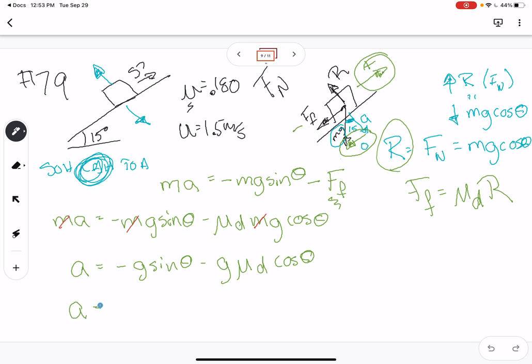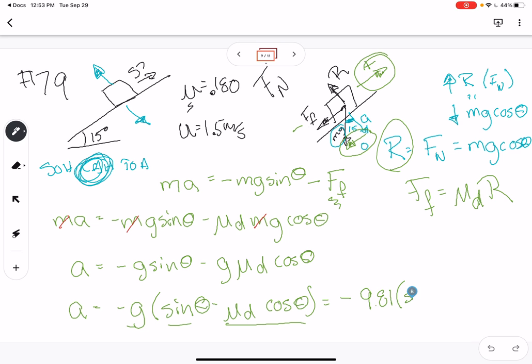Acceleration is equal to negative g times sine theta minus mu cosine theta. These are all known variables. Equals negative 9.81 times sine 15 degrees.